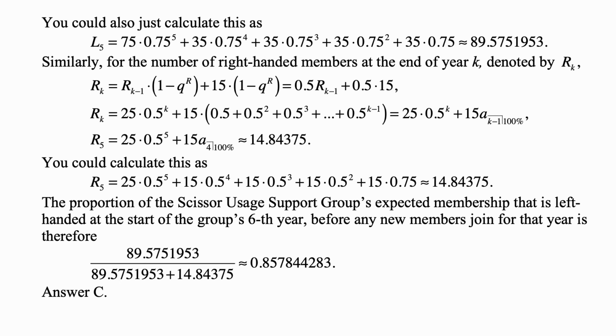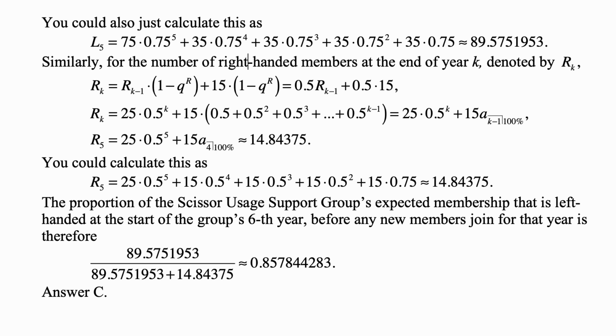And Rk then can be written as 25 times 0.5 to the k, because we start with 25, plus 15 times 0.5 plus 0.5 squared plus 0.5 cubed and so on up to 0.5 to the k. That's equal to 25 times 0.5 to the k plus 15 times A angle k at 100%, the present value of an annuity.